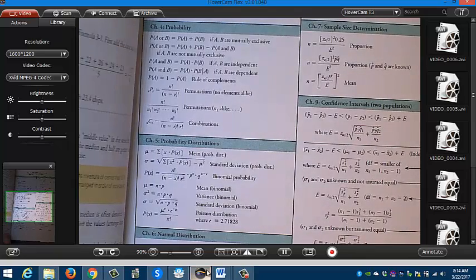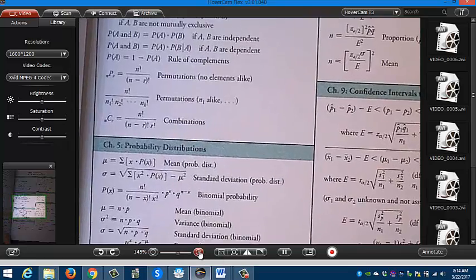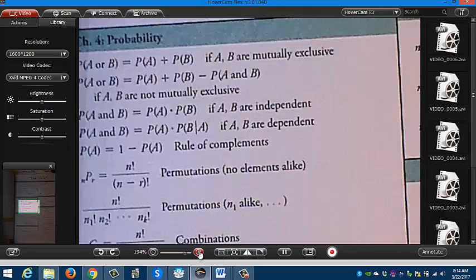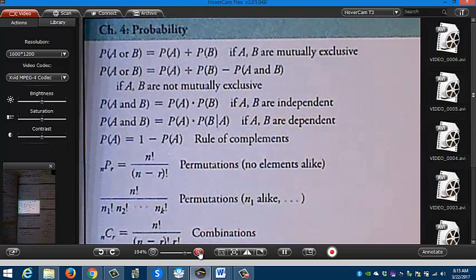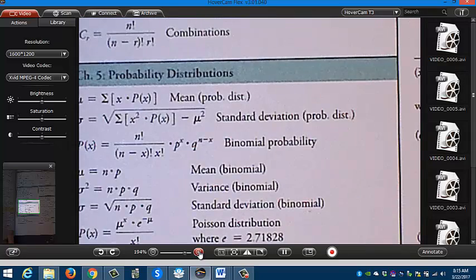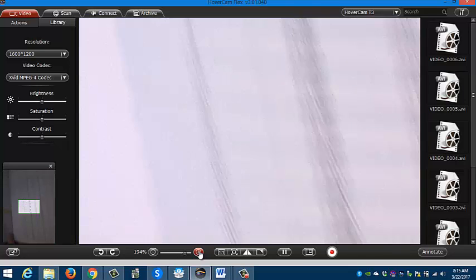Wow. Yeah, this is an extra pull-out card. So what they did was they took stuff from lots of pages. Like here. Here's all the formulas they think you're going to need for chapter 4. And here's all the formulas they think you're going to need for chapter 5. Don't we have something for chapter 3? Well, I don't see anything for chapter 3.